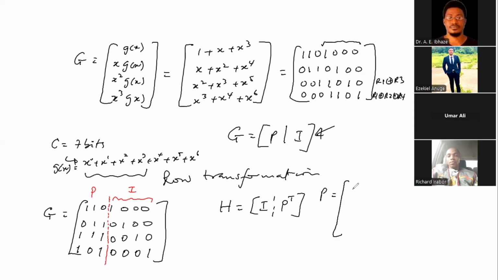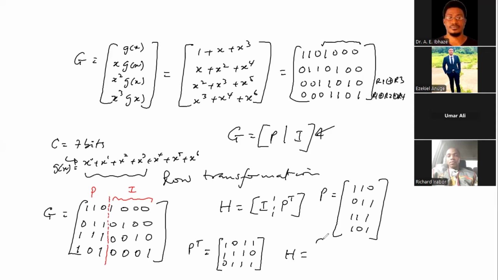It is 1, 1, 0, 0, 1, 1, 1, 1, 1, 1, 0, 1, right? So if we take the transpose of that, that's going to give us 1, 1, 0, 0, 1, 1, 1, 1, 1, 1, 0, 1.